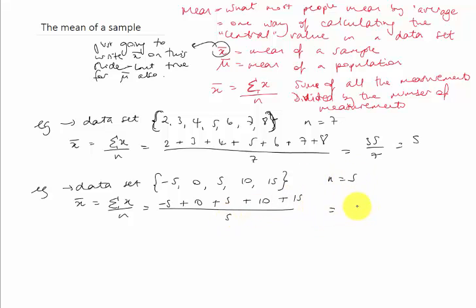So that gives us 25 divided by 5. So these two samples have the same mean, but they're two quite different data sets.